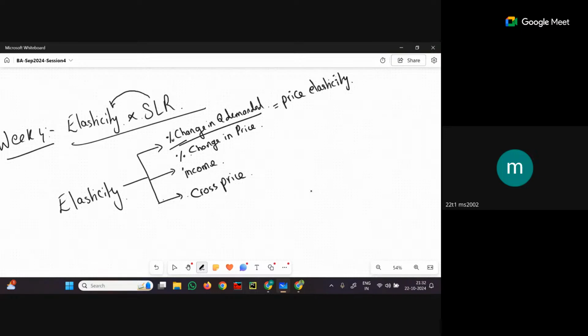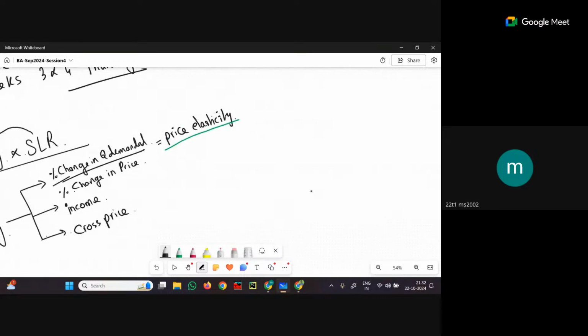Anyone who took BDM last term? No, sir. We didn't learn it last term. All right, so these were in the terms before that. This is known as price elasticity. You have income elasticity and you have cross price elasticity. But in our BA course, we are going to focus only on price elasticity.